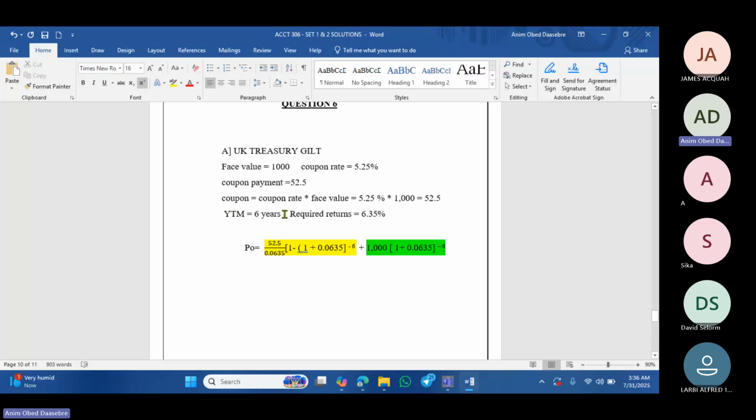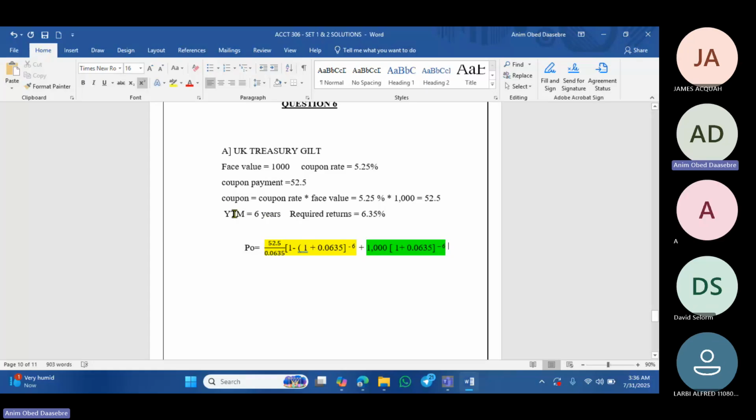It is in the form of an annuity, an equal amount paid every year. So if it's an equal amount paid constantly over the 6 years, then that brings us towards an annuity.